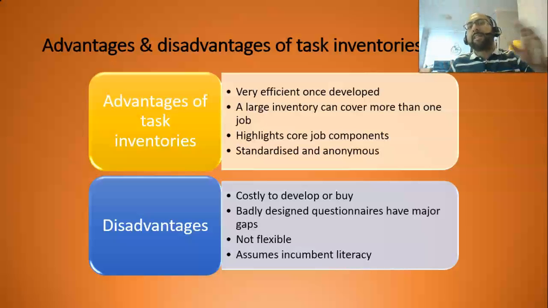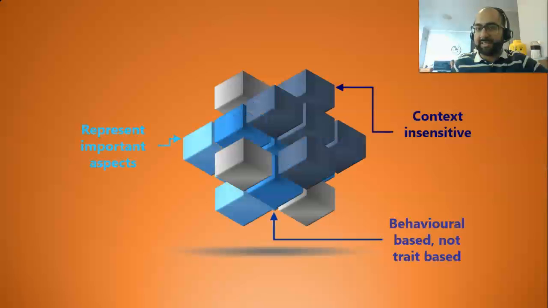So typically they will administer the task inventory first, get some information about the task from employees, and then interview selected employees after to get more context. So that can also be resource intensive in its own way.